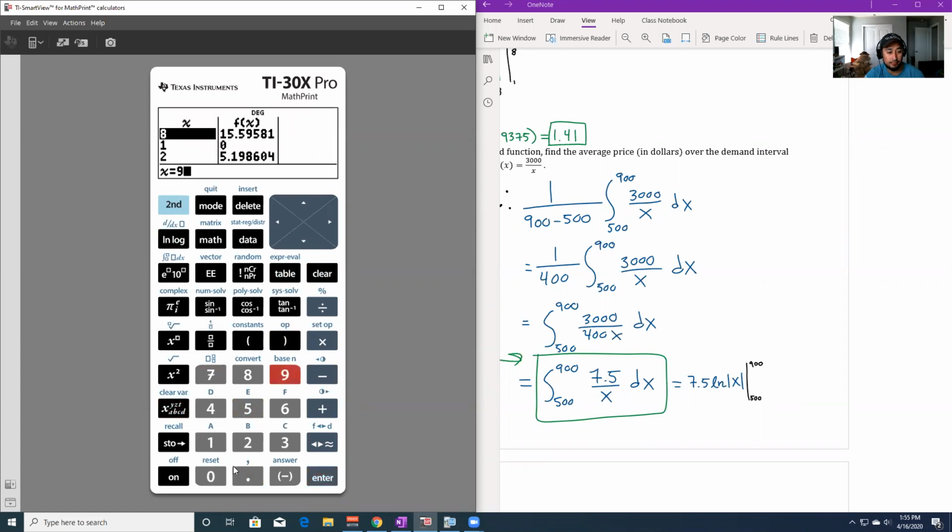Type in 900, and I get, to 2 decimal places, 51.02. So I'll write that down. 51.02 minus, type in 500, 46.61.